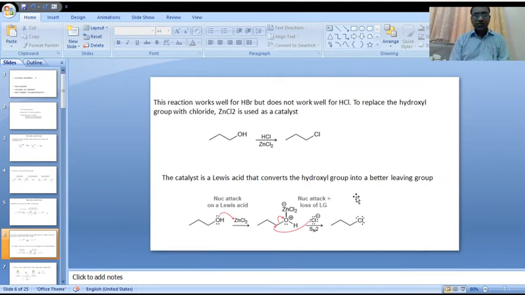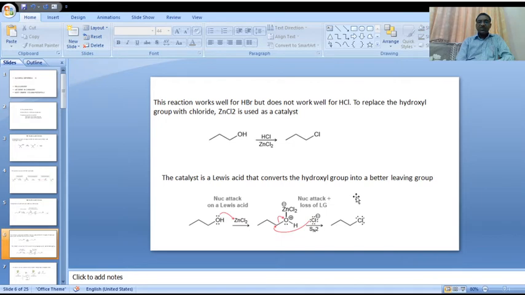Now let us go to another very interesting reaction. Here we are using a different catalyst. In the presence of that catalyst, for example an acid type of catalyst, the leaving group is very activated and easily removed from the intermediate.